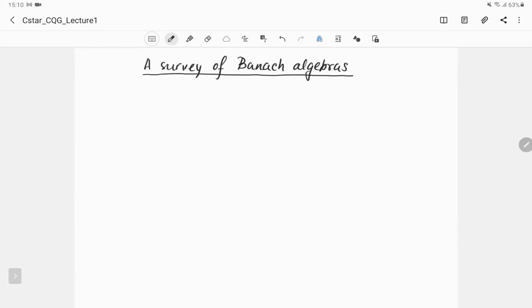Most of these facts are traditionally included in courses of functional analysis, so mostly I'll omit the proofs of the results. We start with the following convention. All vector spaces and all algebras we are going to consider will be over the field of complex numbers.